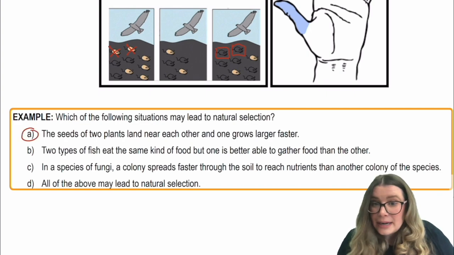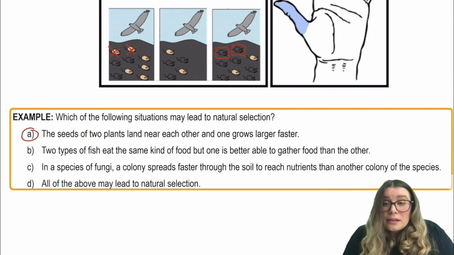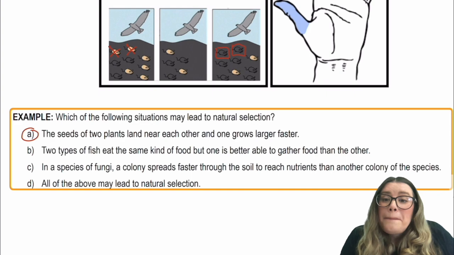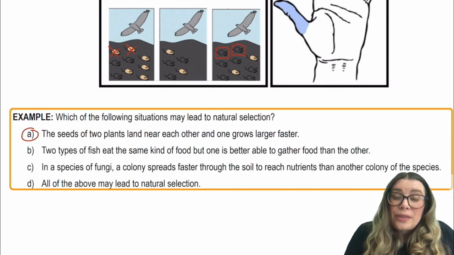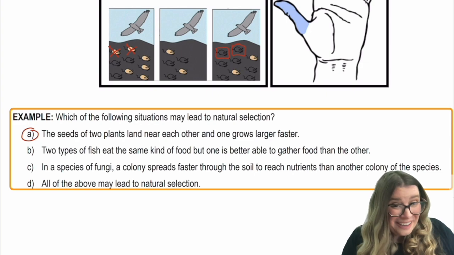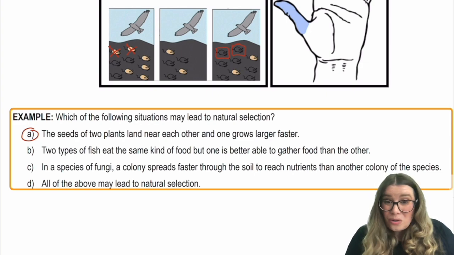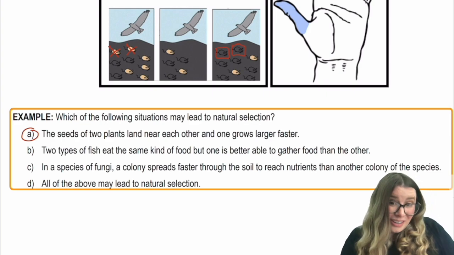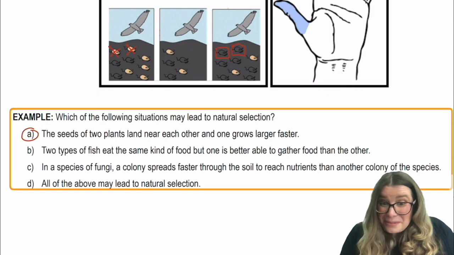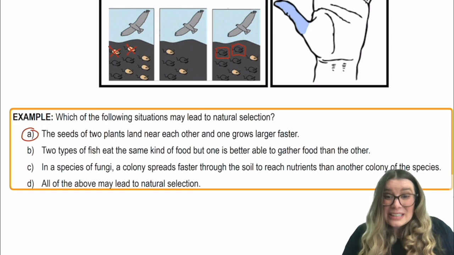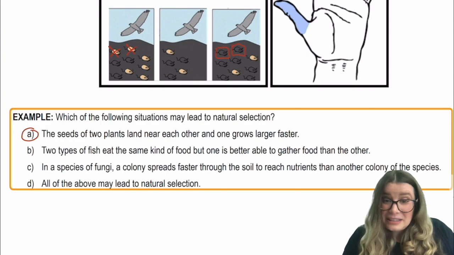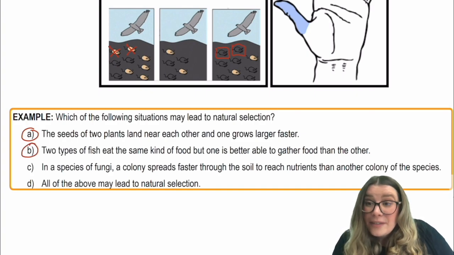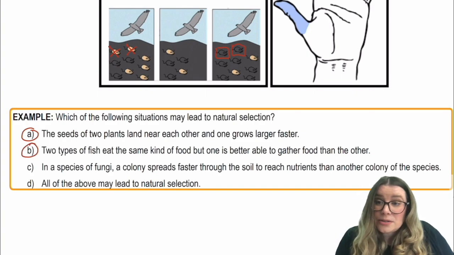So let's circle it for right now, and then let's read answer choice B. Answer choice B says that two types of fish eat the same kind of food, but one is better able to gather food than the other. So once again, we have variation here because we have two organisms that have different traits that allows one to get food better than the other. That is going to have a competition happen, and nature is going to select the one that can get food better to live and reproduce more. So I would say that answer choice B, according to VISTA, is also an example of natural selection.